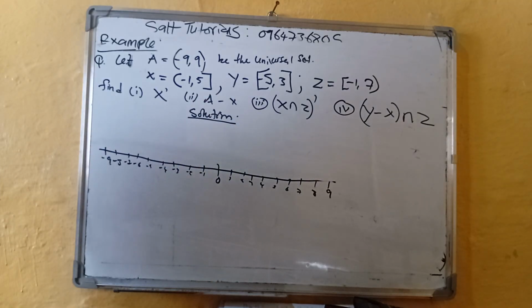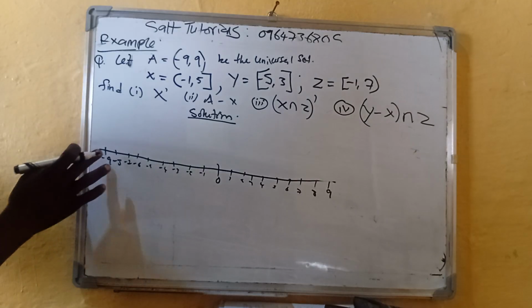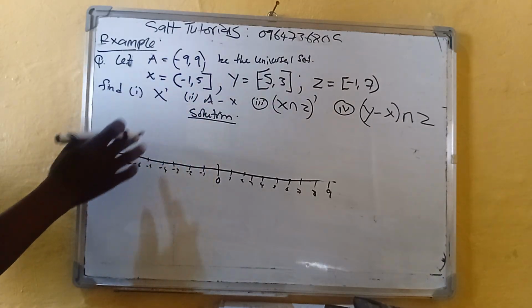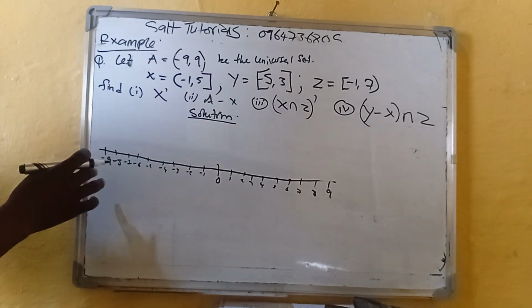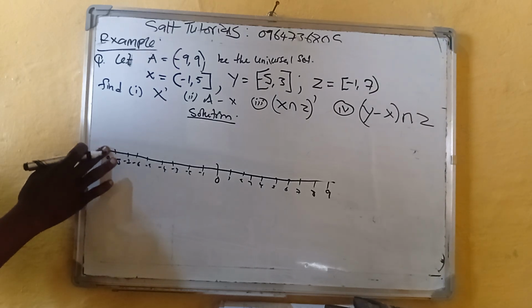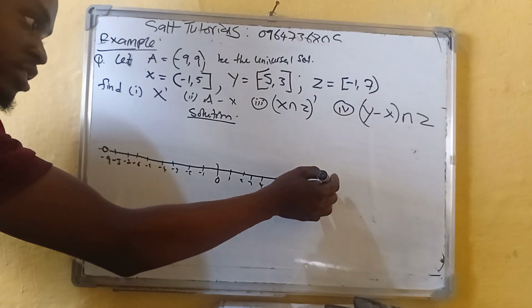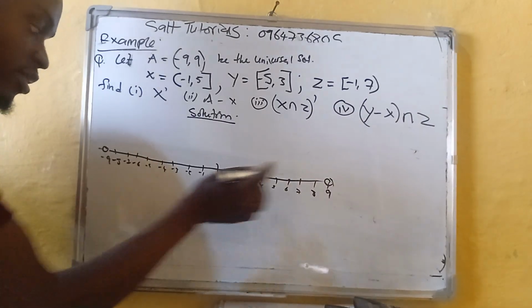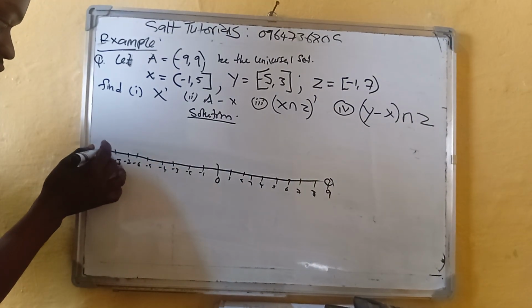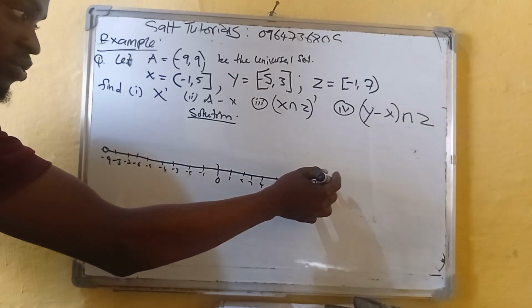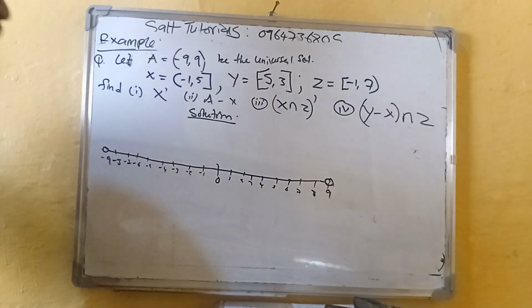To 5. Now keep in mind that the universal set is not closed, it is basically open. So here it is -9, it is open, and here +9 it is open. So this is my universal. It is not shaded but open.